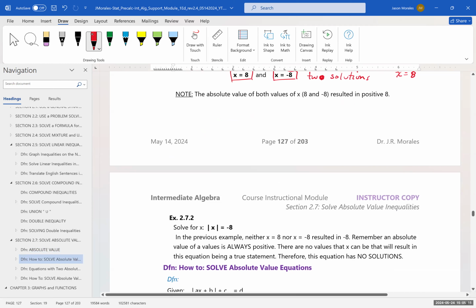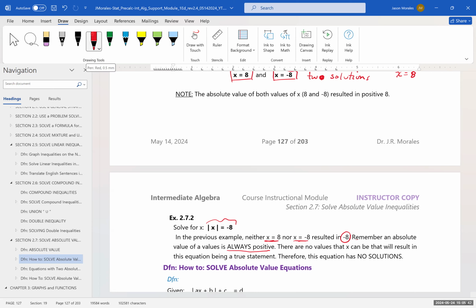So in this next example, it's asking us to solve for x, and we've got the absolute value of x equaling negative 8. Now this is going to present a problem, because remember in the previous example, neither x equals 8 nor x equals negative 8 resulted in a negative 8. Remember, the absolute value of a value is always positive.